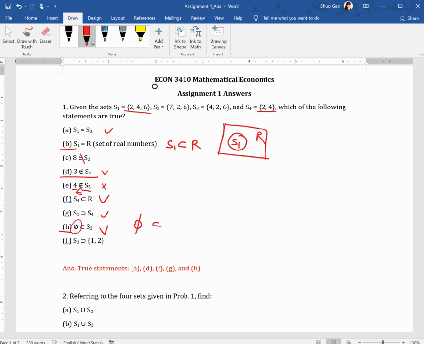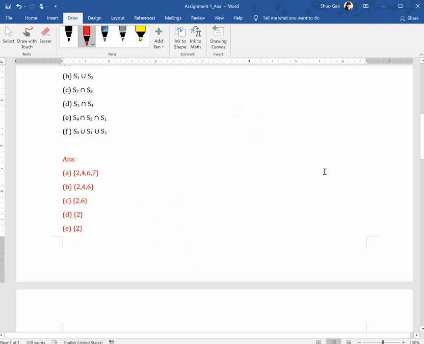The empty set is a subset of S1, S2, S3, or S4. All kinds of sets have a subset called the empty set. And I is wrong, it's false, because there's no number 1 in the set S3. Okay, so that's question 1.